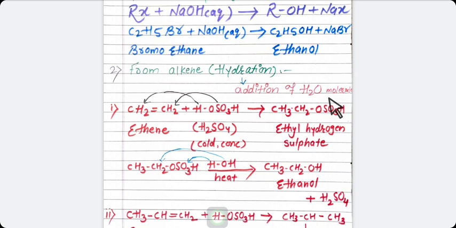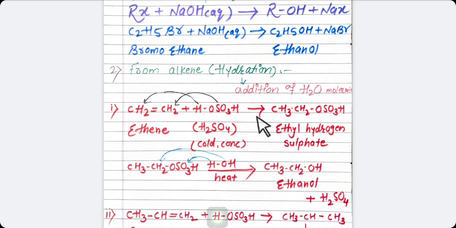In this method, hydration of alkene is carried out by passing alkene through cold concentrated sulfuric acid. It gives alkyl hydrogen sulfate, which on heating with water gives alcohol.